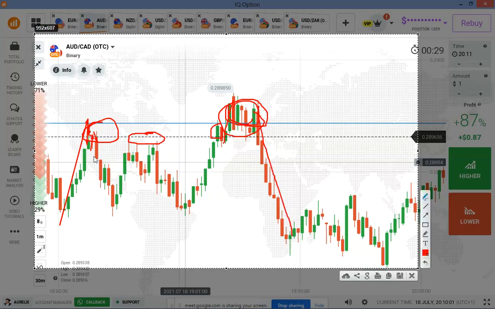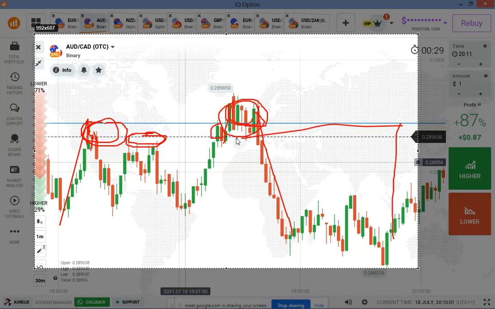I think this pattern is a Quasimodo pattern. Those of you who are familiar with forex, it's a Quasimodo pattern. So when you see what happened on the left side, it will give you information on what is going to happen on the right side. The buyers are pushing the price higher. Check on the left side, the exact level where the price is now.